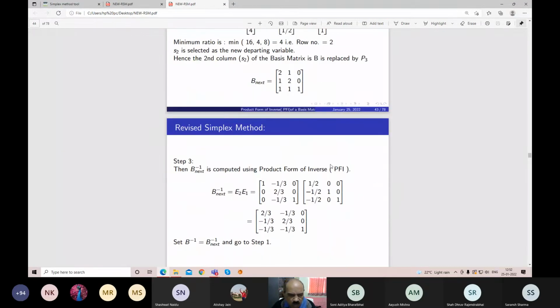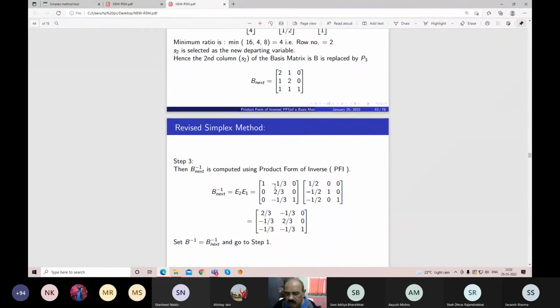See here, how to compute? Our B next inverse is E2 into E1. Whatever you have got, that is E1, E2 into E1. What is E2? E2 is very similar to an identity matrix, but the second column is different.